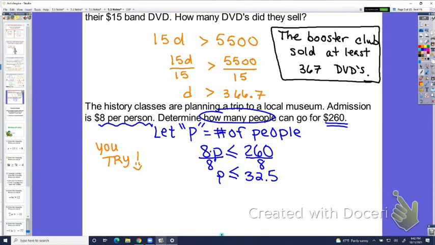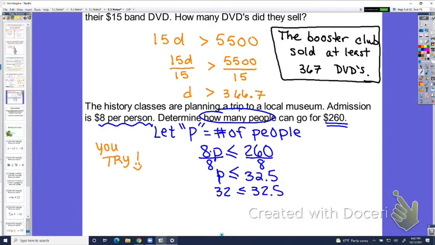And then if we write a solution sentence, we can't have half a person go, so we can't cut a person in half and take them to the museum. So what is the first whole number that's smaller than or equal to 32.5? That would be 32. If we take 33 people, that's half a person too many.